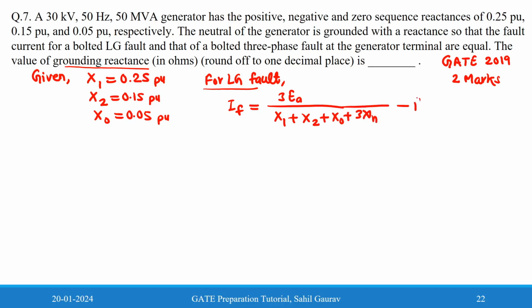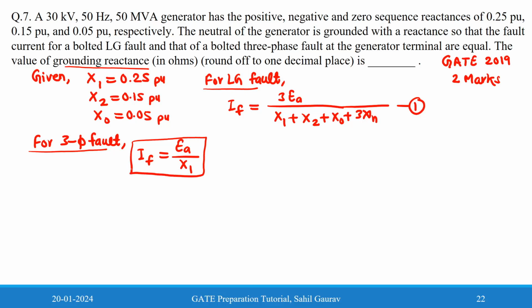Let us take it as the first expression. For a three-phase fault, only the positive sequence reactance is present, not the negative and zero sequence reactances. So the fault current will be EA divided by x1 only, phase voltage divided by x1, and we are writing in per unit. This is the second equation.